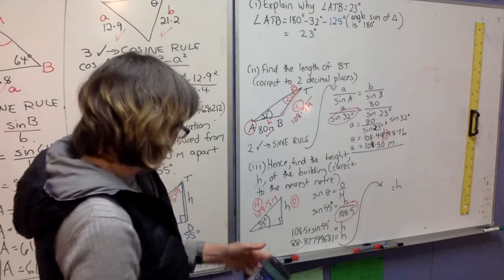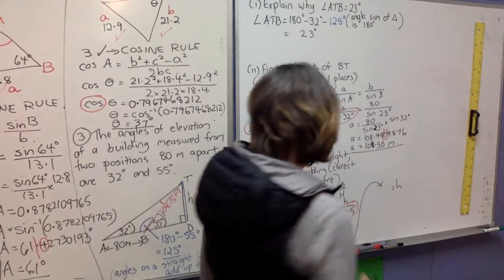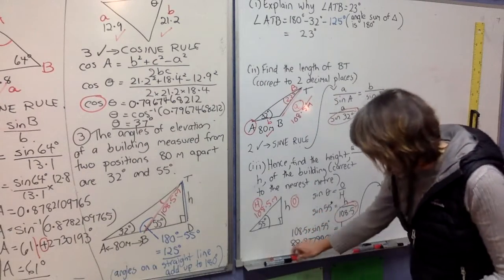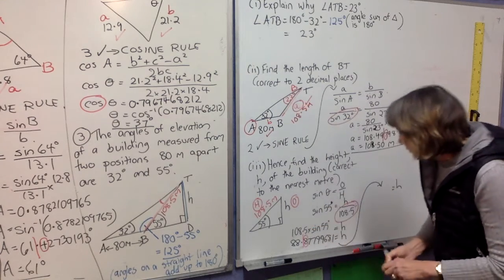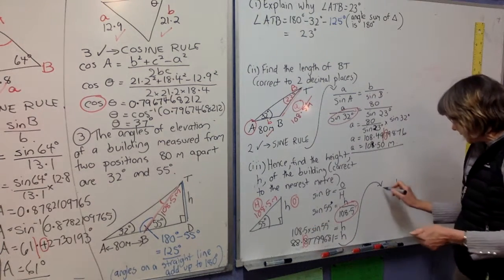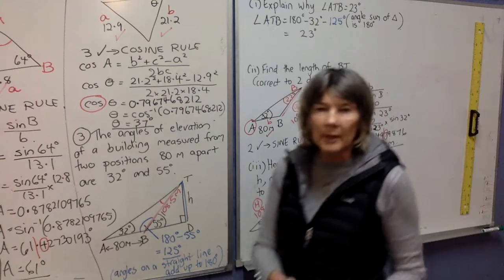Okay, and we're going to the nearest metre this time, and these are in metres already, so we're going to the nearest whole number. So draw a line after the whole number. That's 5 or more, so we're going to be going up by 1 to 89 metres, and that's your answer.